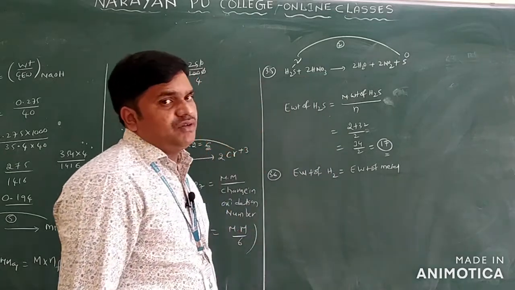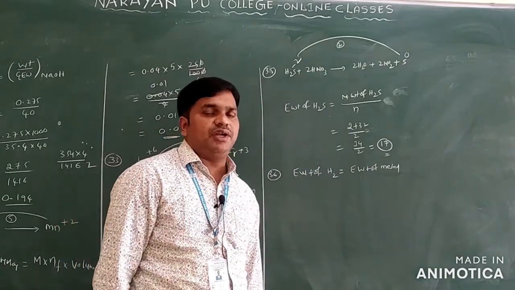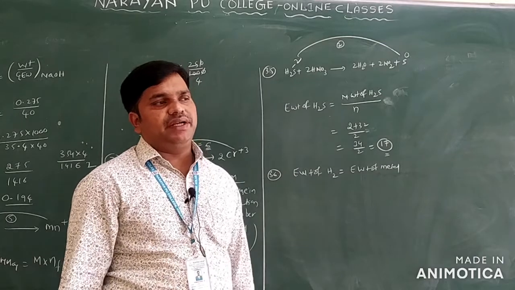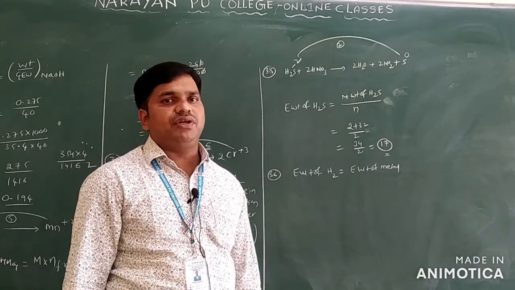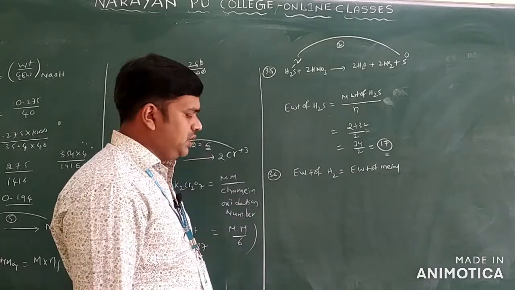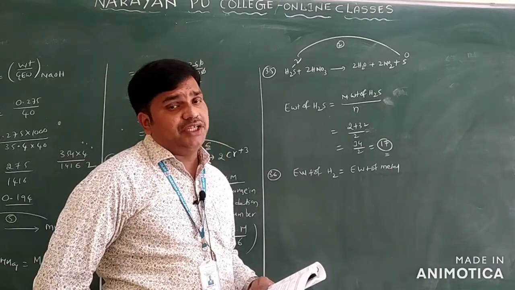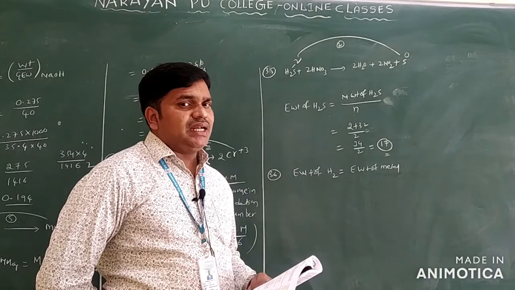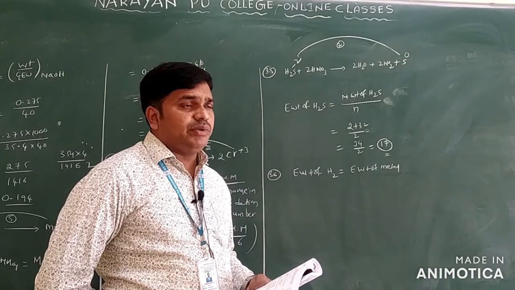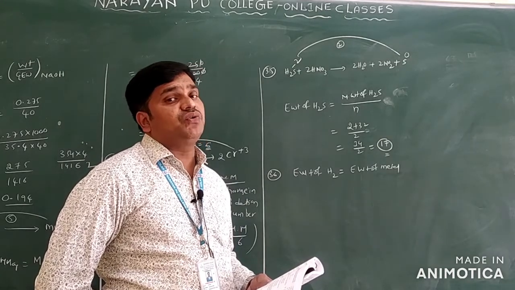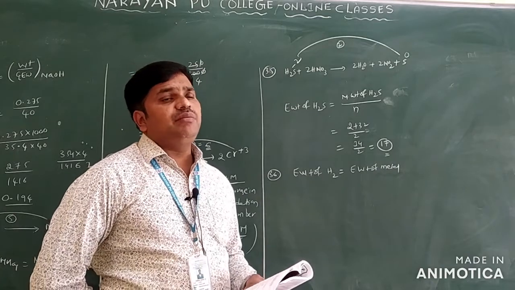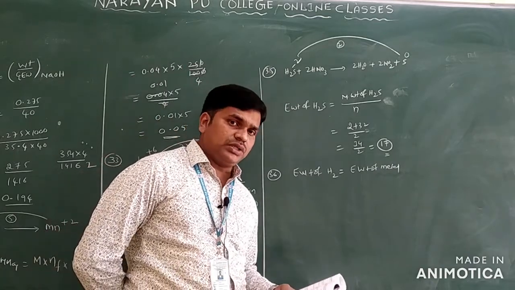The equivalent weight formula is molecular weight by n factor, but here the molecular weight is not given, so you can compare the number of moles only. The volume of hydrogen is given as 1.12. Generally at STP, 1 mole of any gas occupies 22.4 liters only.